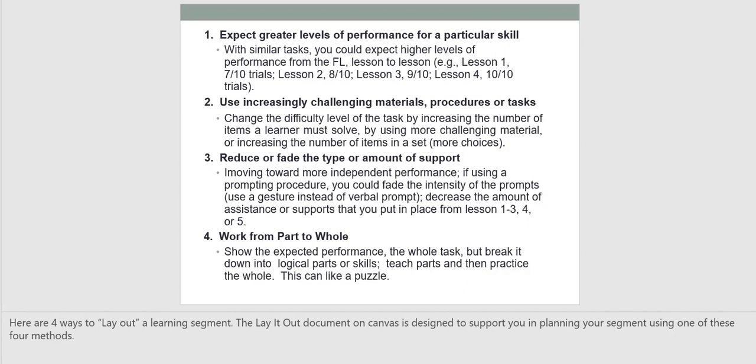Another way is to use increasingly challenging material, procedures, or tasks. The third way is to reduce or fade the type or amount of support. And the fourth way is to work from part to whole.